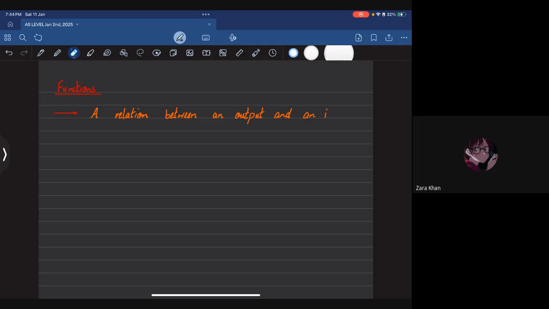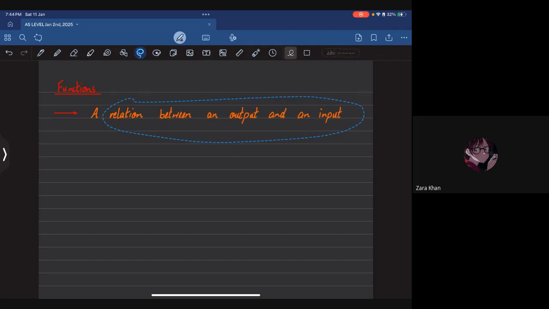And this is what we're going to focus on throughout the entirety of this chapter: what is this output and input and stuff of that sort. We're going to be concerned with what is this output. We're going to be concerned with what is this input.